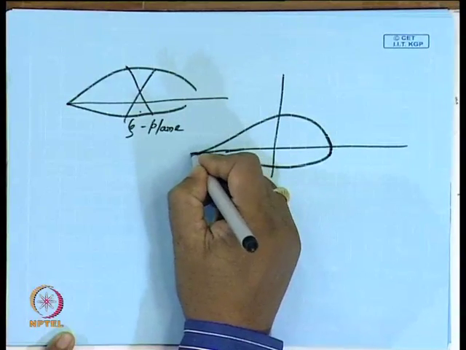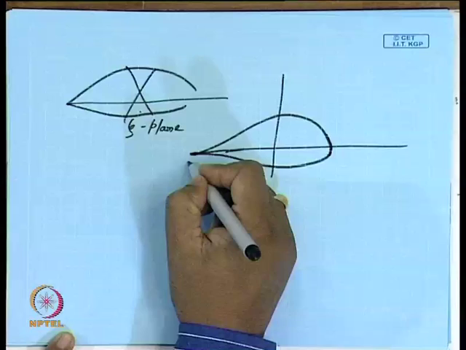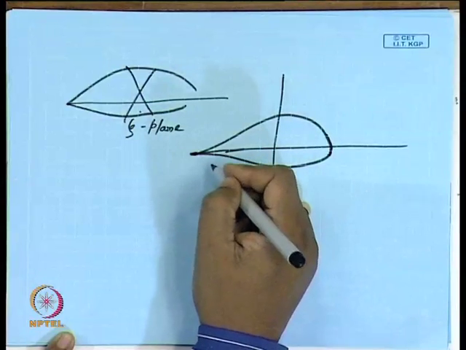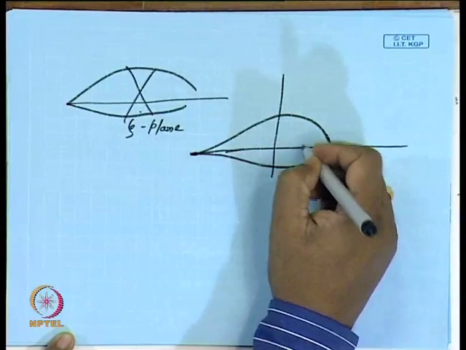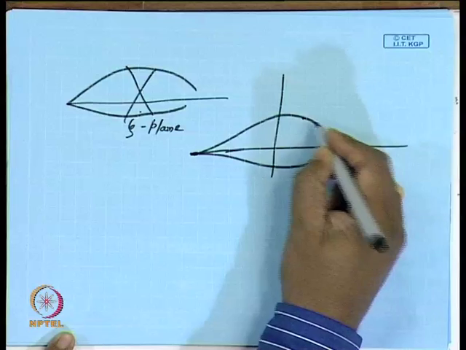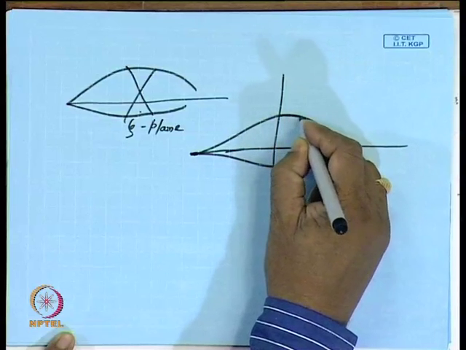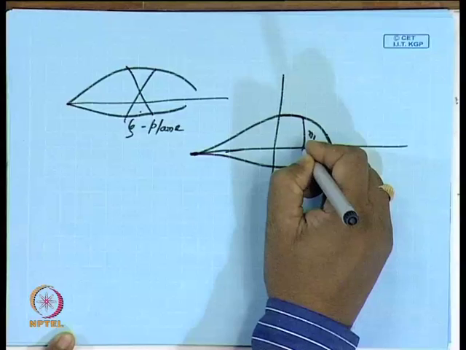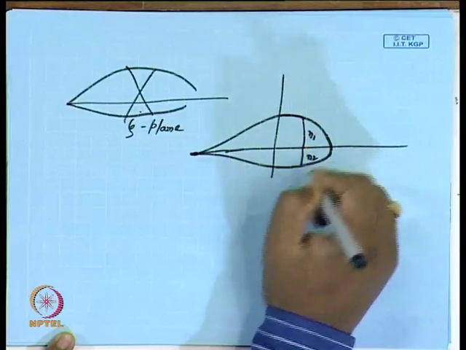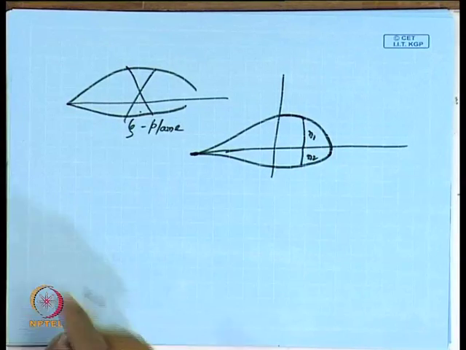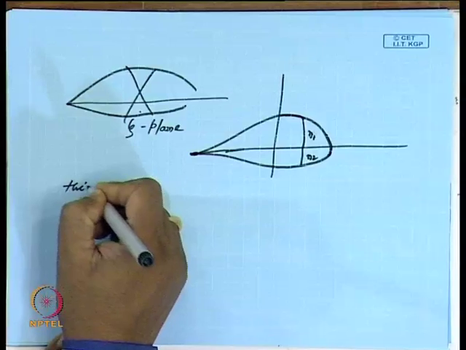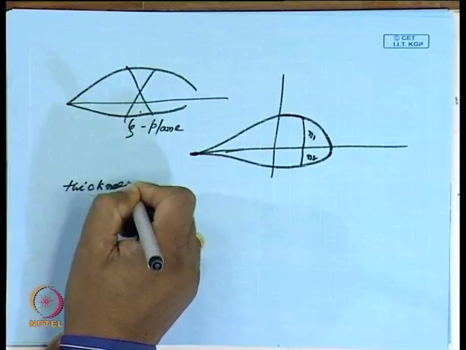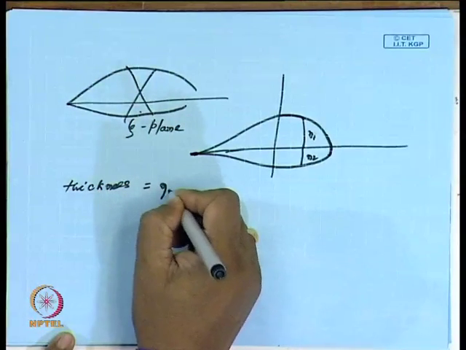So this point I call my minus b, or rather, if I take anywhere on the axis, if this is my eta 1 and then I say this is my eta 2, anywhere the thickness of the aerofoil will be eta 1 plus eta 2.